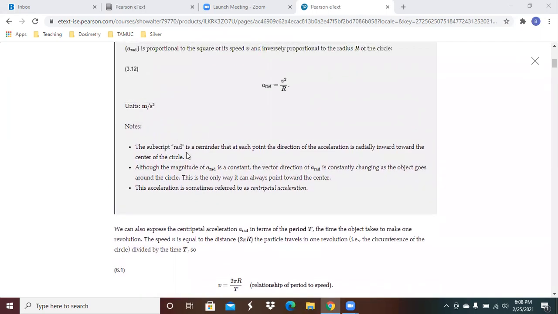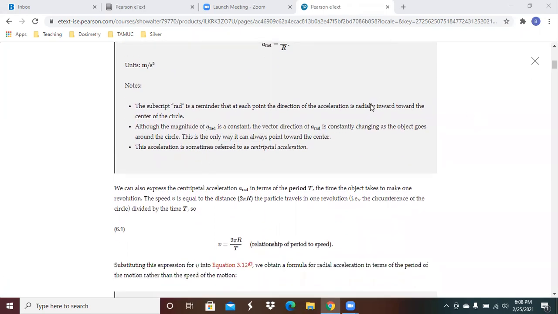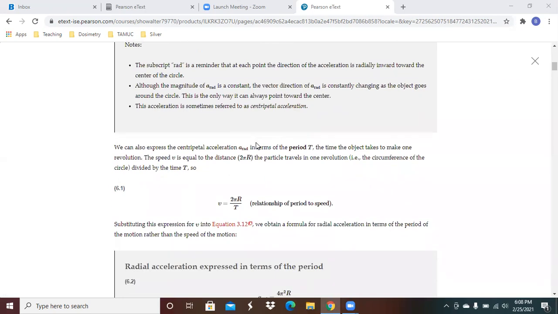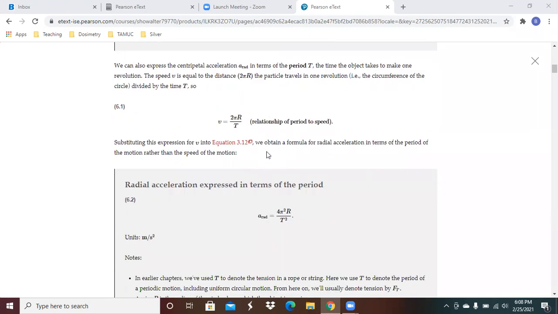And this is a reminder that at each point, the direction of the acceleration is radially inward. The magnitude of this is going to be constant. The vector direction of this is constantly changing, of course, as the object goes around, but it always points towards the center. And this acceleration is sometimes referred to as centripetal acceleration.